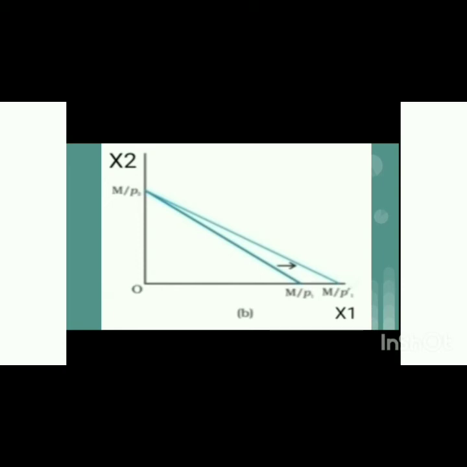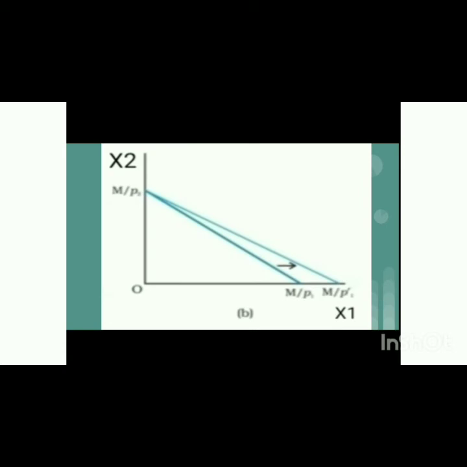When the price of good 1 decreases, the consumer spends more of his income on good 1. Then the budget line shifts rightward, or it is more flat. The new budget line will be more flat.